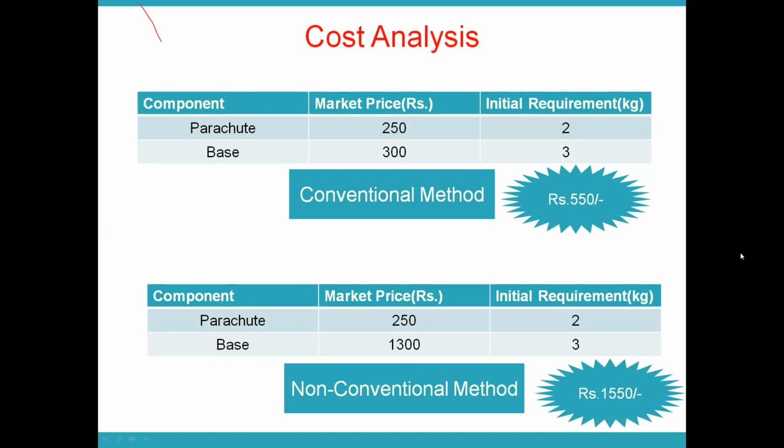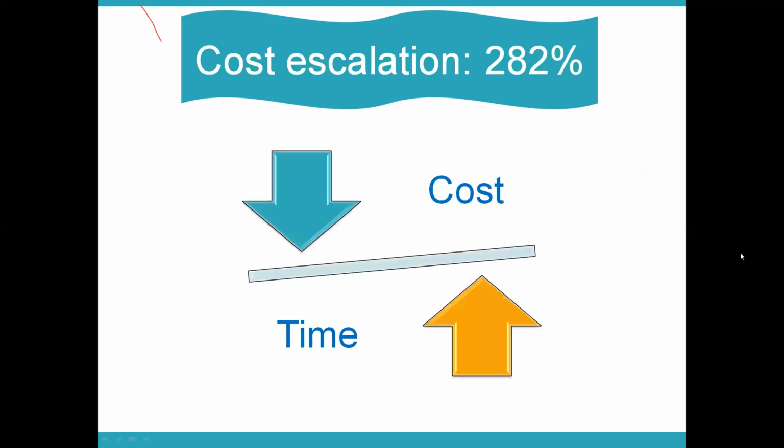That takes the 550 rupees total cost to 1550 rupees. So the cost escalation is like 282% if we just alter the manufacturing method. So we have to balance the time as well as the cost factor. That is quite difficult, but we are still figuring it out.